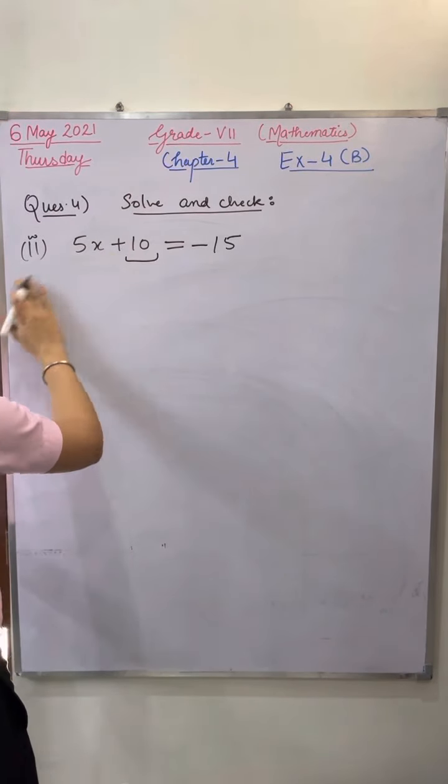Don't hesitate. Transposing. Amrinder, it is transposing, right? Yes. Okay. So I have to transpose what? Which value do you have to transpose? 10. Very good. Transpose 10.